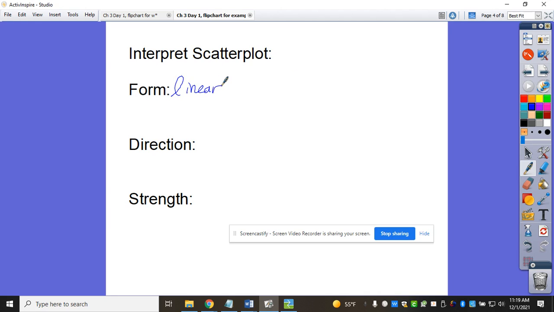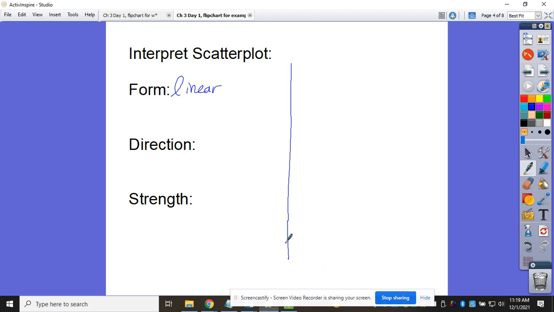How do we know that? Just looking at our scatter plot, we can tell that. Now there's something else, but we haven't gotten there. We won't get there today. What is the direction? How do we know that?